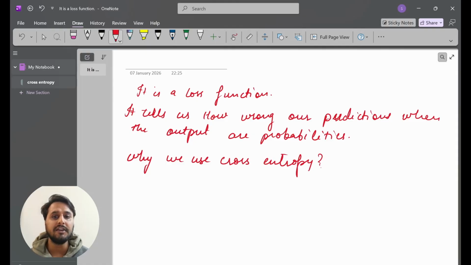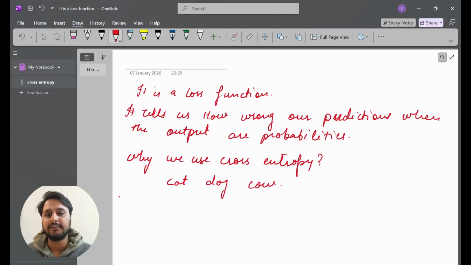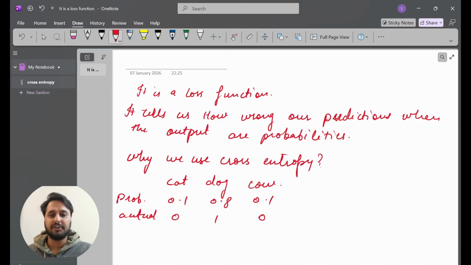So using this loss function, we are going to compare the actual and the predicted probabilities, and then we see whether our model and our predictions are good or not. So imagine, let's take an example with three classes: cat, dog, cow, and we have probabilities of 0.1, 0.8, 0.1, and we know dog is the correct class, so we give dog the number 1 and the other classes we put 0.